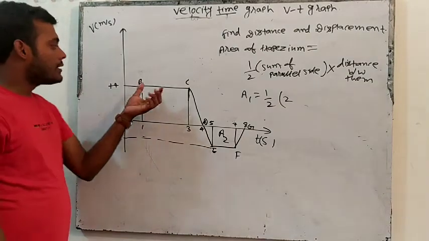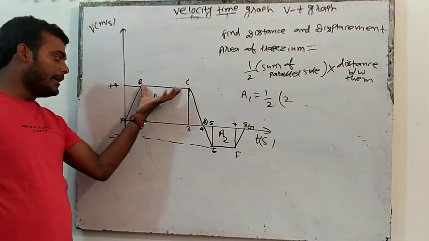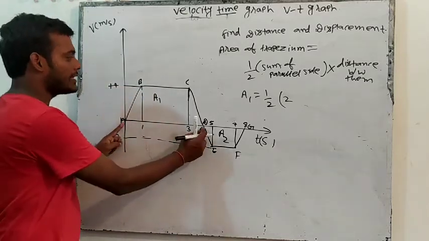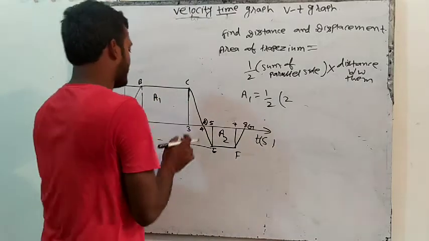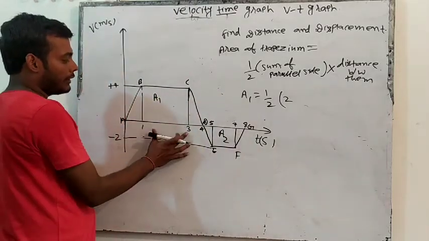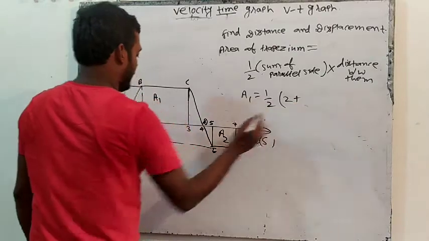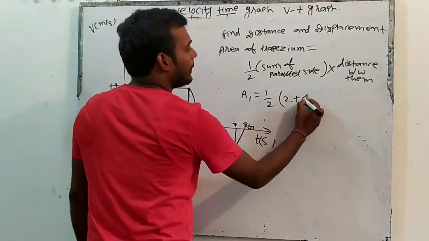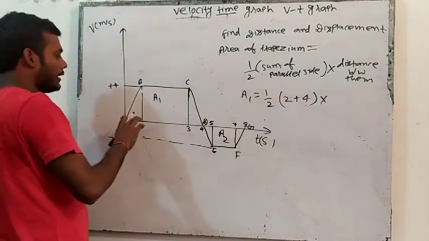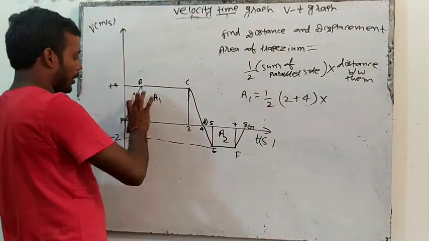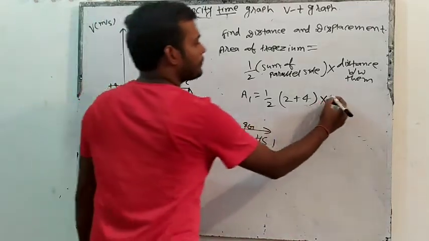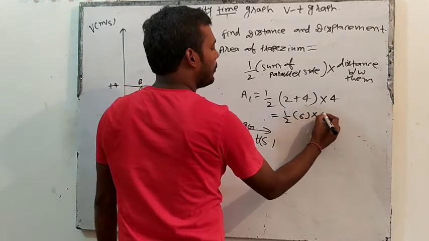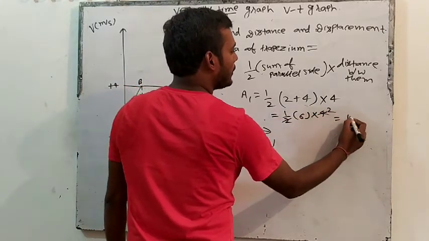Sum of parallel sides means in this trapezium, BC plus AD. BC is 2 plus AD, this length is 4. Half into sum of parallel sides into the distance between them. What is the height? 4. So this area will become half into 6 into 4. So this will be 12 meter square.